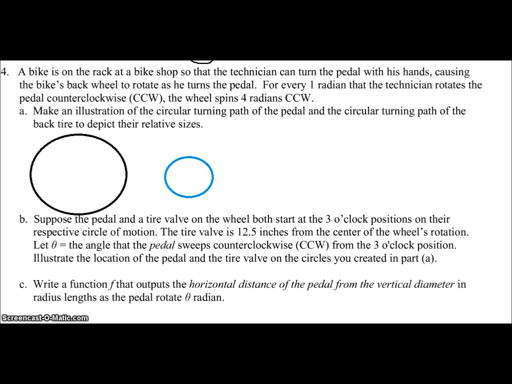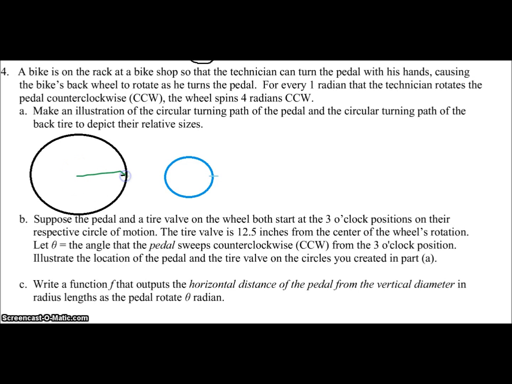Suppose the pedal and a tire valve on the wheel both start at the 3 o'clock positions on their respective circles of motion. So here's the tire valve right here, and then here is my pedal right here, I guess. I'm going to put it right here. The tire valve is 12.5 inches from the center of the wheel's rotation.